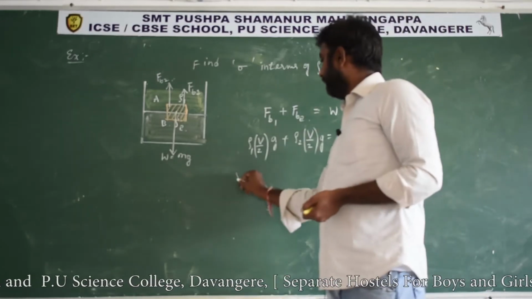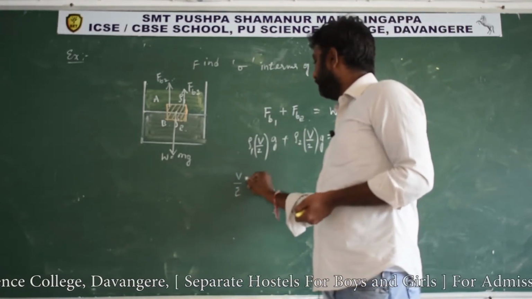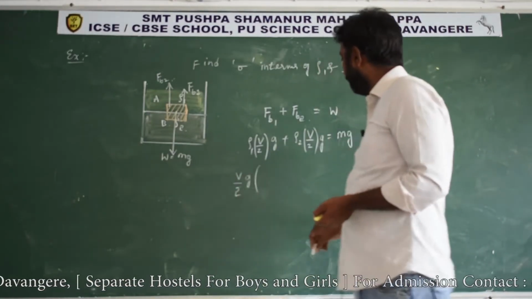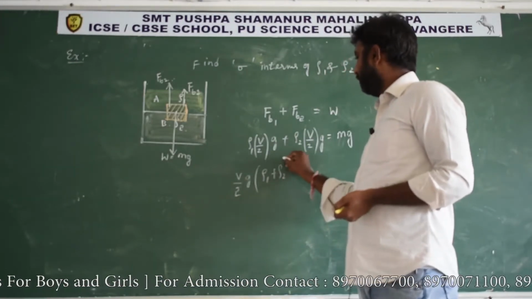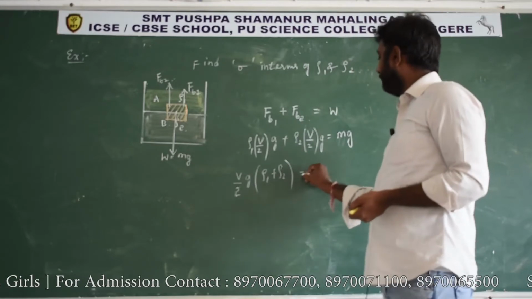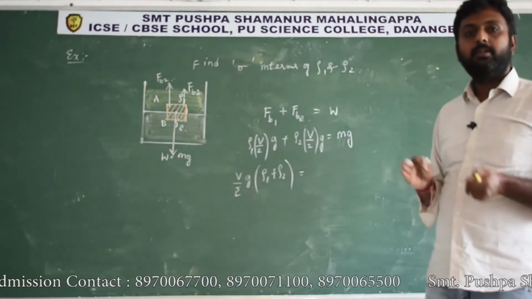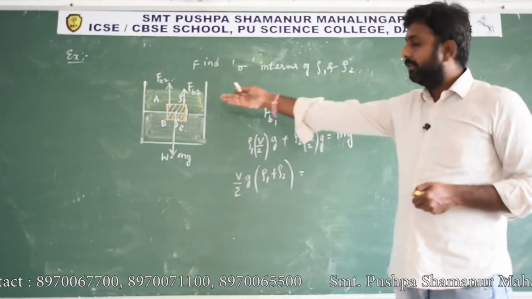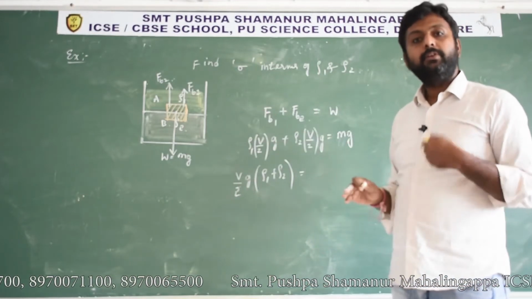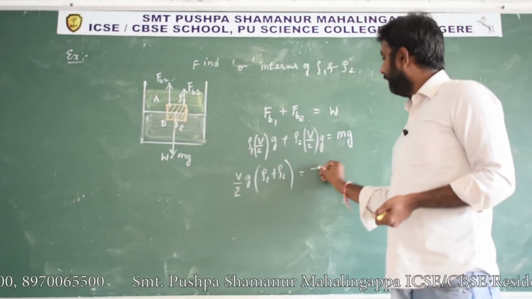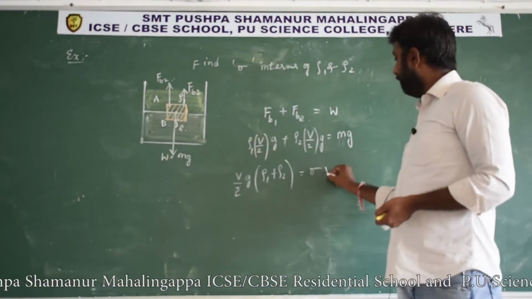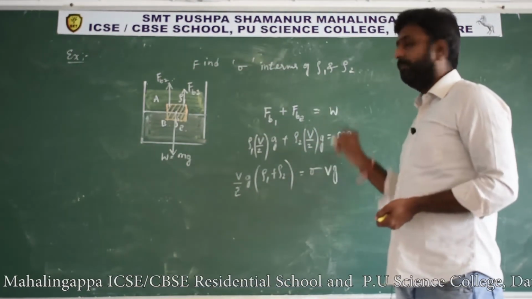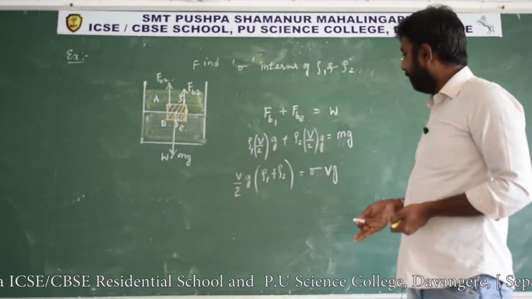And you see here in the expression, V by 2 G, if you take common outside, here you will get rho 1 plus rho 2 inside the bracket. Mass you can replace as density into volume. So here weight means the weight of the object, right? Density means you have to write the density of the object. Density of the object is represented by sigma. Sigma V G. This is the weight of the object.